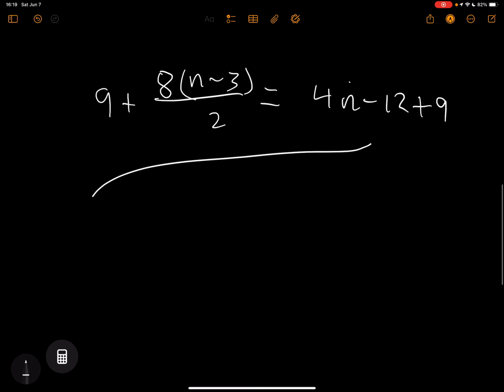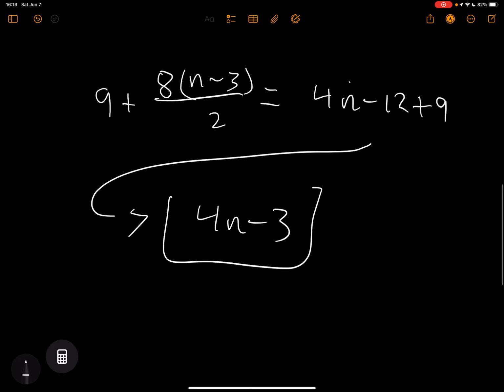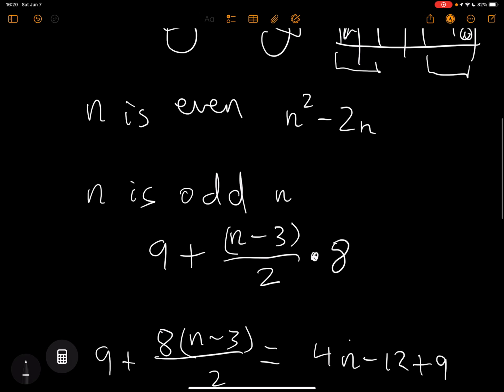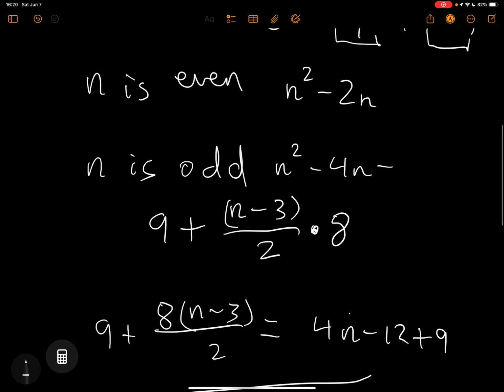And that simplifies to that. So what we have to do now is subtract that from n squared. So n squared minus 4n minus 3, like that. But then if you remove the brackets, that becomes a plus.